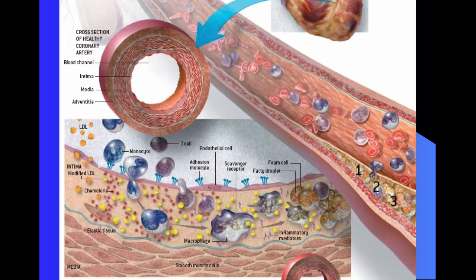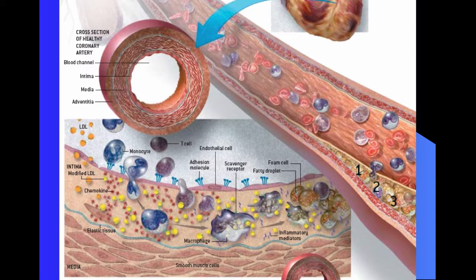The other modification tends to be glycation, and that's when carbohydrates are bound to the LDL protein or the LDL lipids. Those are called glycated LDL, and that can occur when a person has long-term high blood glucose. Those LDL are likely to be bound to carbohydrate, and those macrophages tend to look for those LDL.